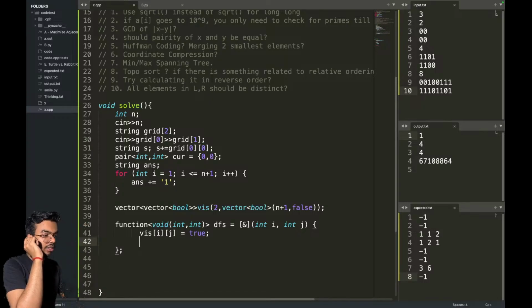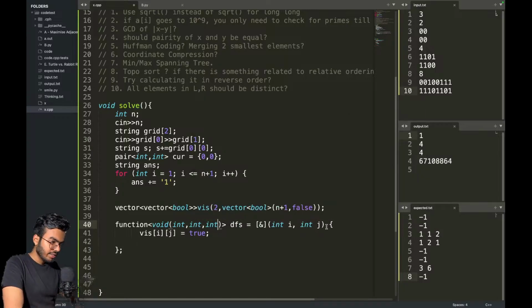Okay. So now what I can do is, I don't know how to go about this. I am currently at somewhere. If I am at some i, j, I will also need a depth, so let's say int d.